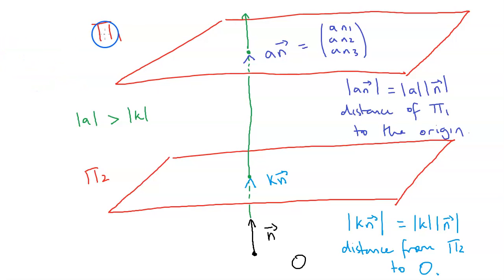And if we recall the equation of the plane pi 1, that's going to be n1x plus n2y plus n3z is equal to d1. So if we sub in x equals an1, y equals an2, and z equals an3, since this is a point on the plane, it should obey this equation.